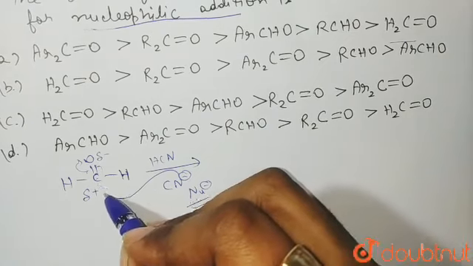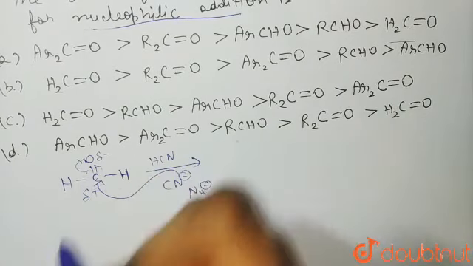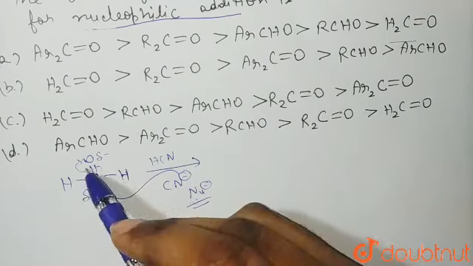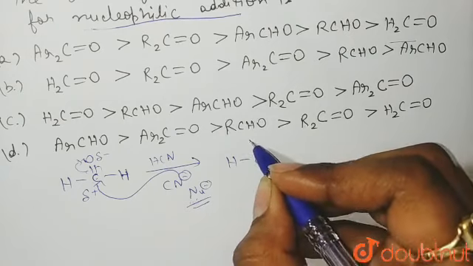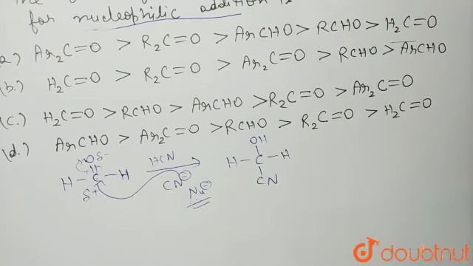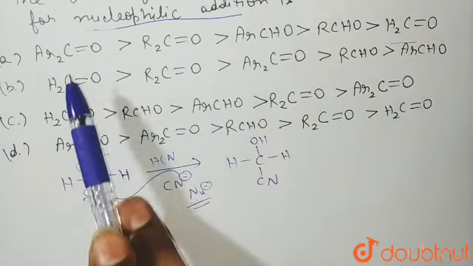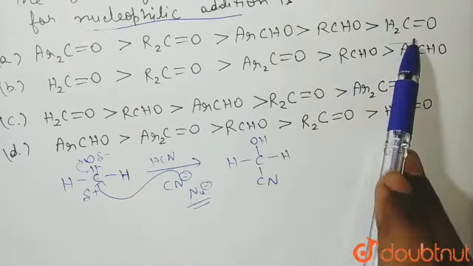The nucleophile will attack it, the double bond will shift towards oxygen, and O minus will take the hydrogen. So we get OH, and CN attaches to the carbon. This is how nucleophilic addition takes place in every molecule given in the options: Ar2CO, R2CO, ArCHO, RCHO, and H2CO.